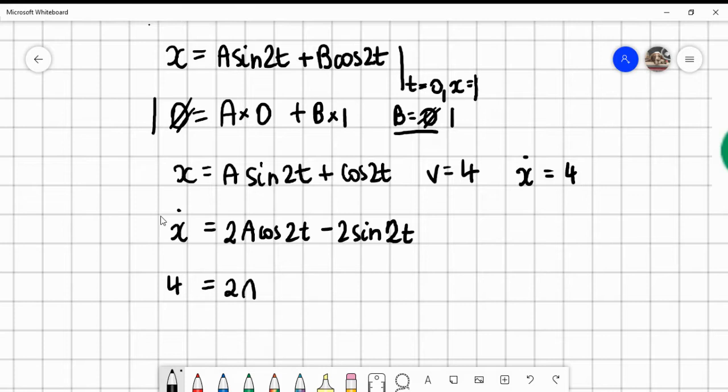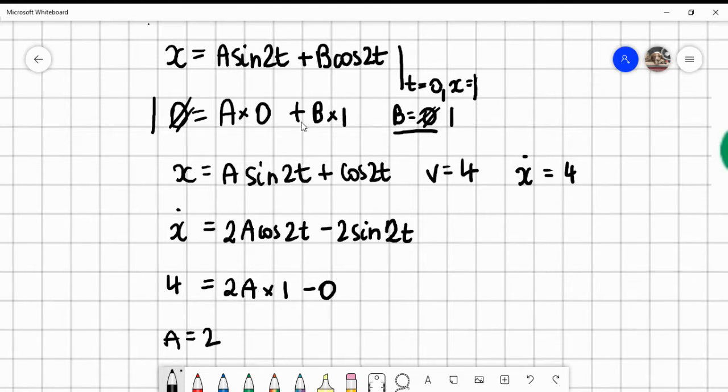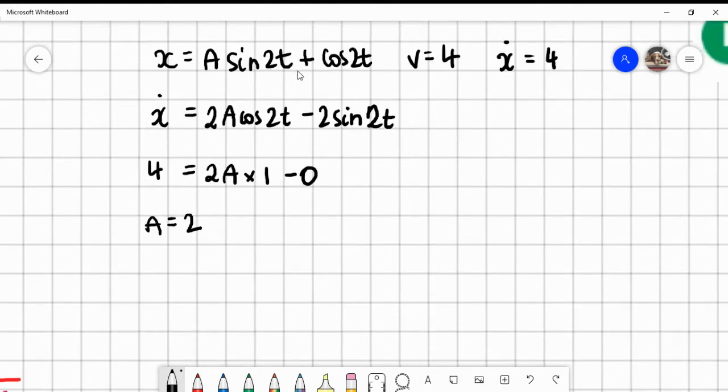So 2a cos 0 is 2a, because cos 0 is 1, and minus 0. So a is equal to 2. So the solution to this differential equation, and therefore the expression for the displacement, is 2 sine 2t plus cos 2t.